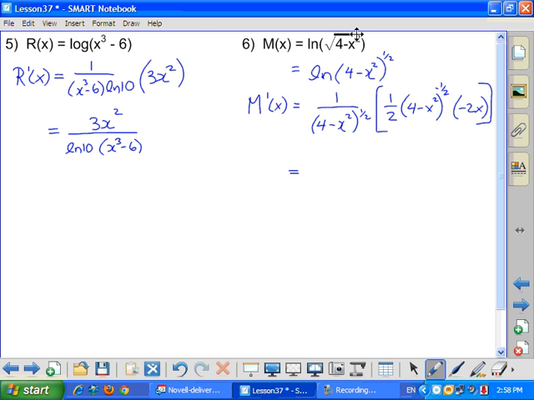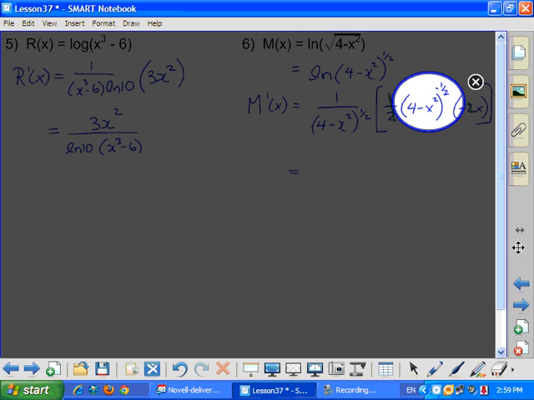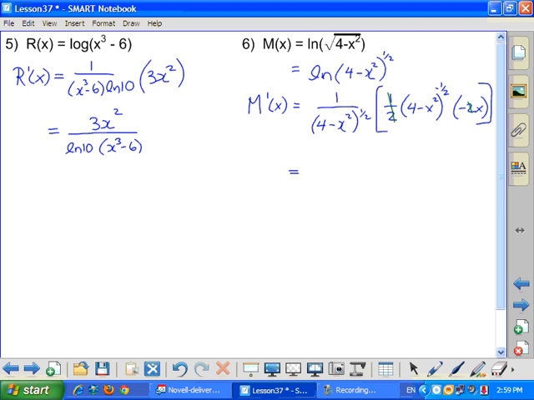Inside the last set of brackets here, this 1/2 and that 2 are going to cancel out. Because that 4 minus x squared is to the negative 1/2, it would move to the denominator. So maybe I'll show an extra couple steps here just so you can follow the algebra. But what you find is sometimes these logarithmic functions actually work out not too bad.